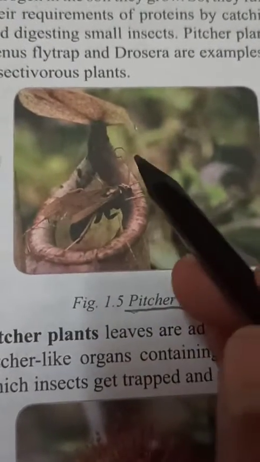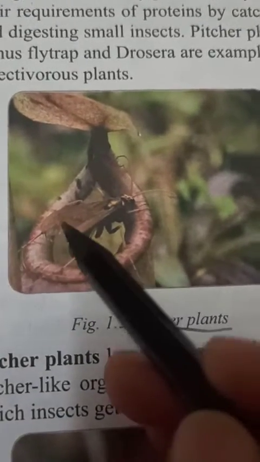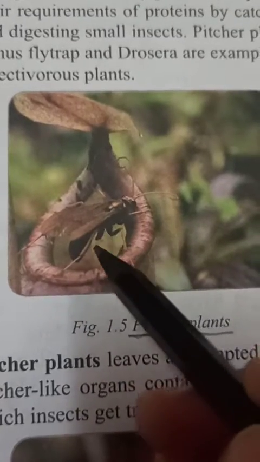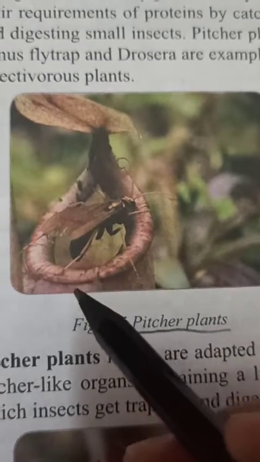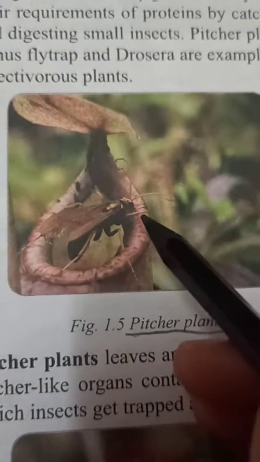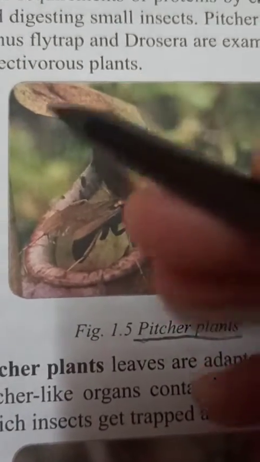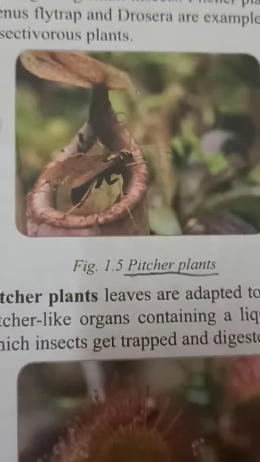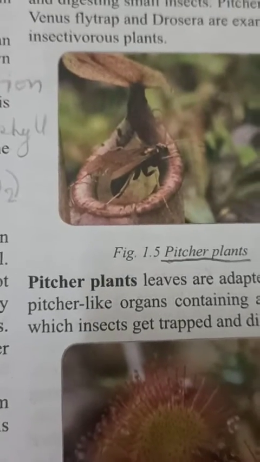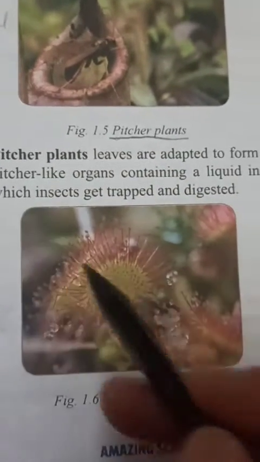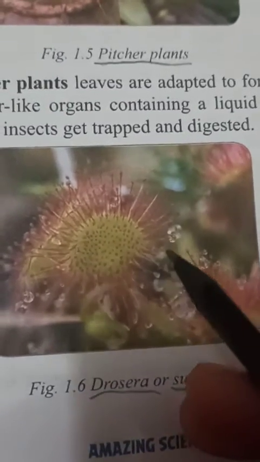You can see here, I explained in the last class that in the case of the pitcher plant, when an insect sits on the leaves, which are modified into a pouch like structure, this flap immediately closes, and inside this pouch like structure the insect is digested. After the pitcher plant, I explained the Drosera, which is called sundew.